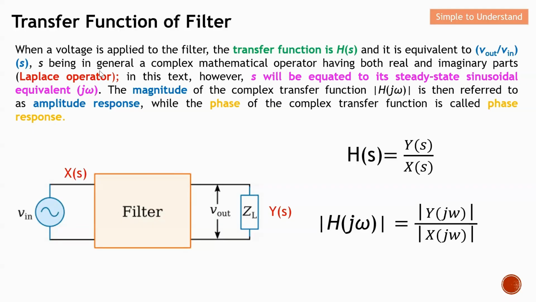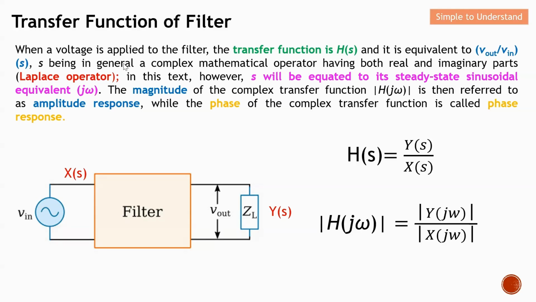When a voltage is applied to the input of the filter, as you can see from here, this is a voltage source. When it is applied at the input of the filter, the transfer function H(s) will be equivalent to Vout over Vin.